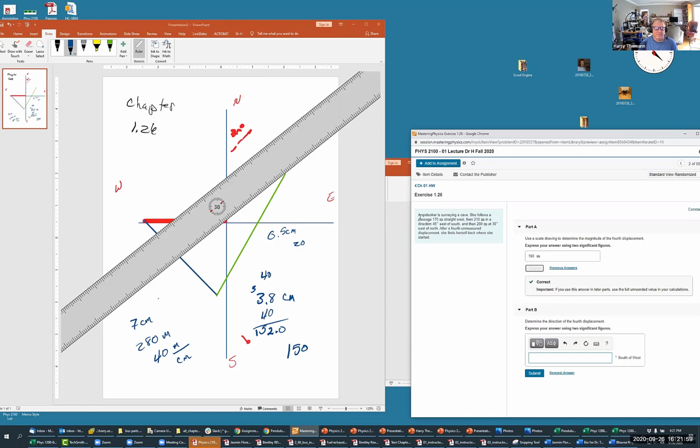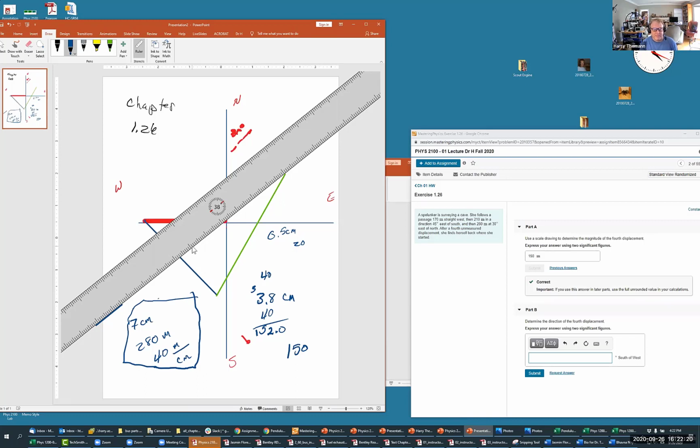Okay, so let's see. If this was on an exam, the first thing that you should do, I was doing this without thinking. It's just sort of freestyling. So you want to come up with a scale first, or at least early on.